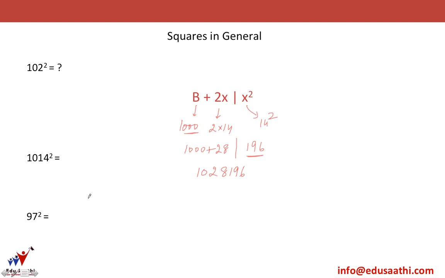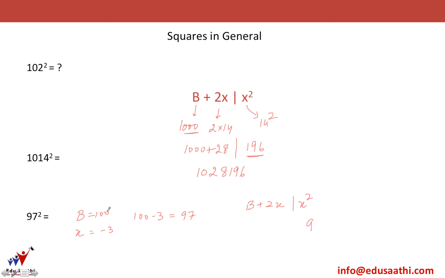Let's try 97 square. Again, here the base is going to be 100, but x here would be minus 3, as 100 minus 3 is equal to 97. So we apply the formula base plus 2x slash x square. Now x square is minus 3 square, which is 9.